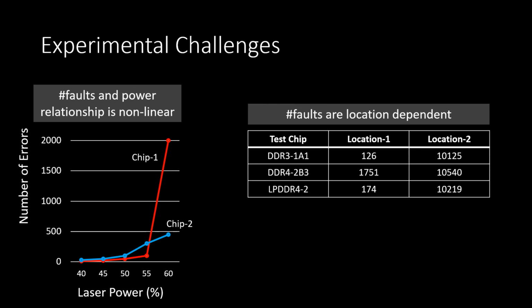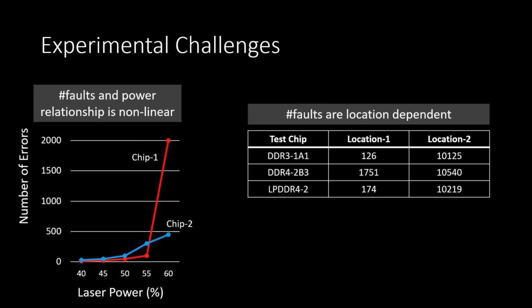The other issue is that faults are location dependent, which is both good and bad, because now we can actually focus on a particular location on the chip and try to understand what's beneath that part. So if, for example, location 2 in all these chips has highly sensitive circuitry that we are hitting, it's really hard to know at this stage.